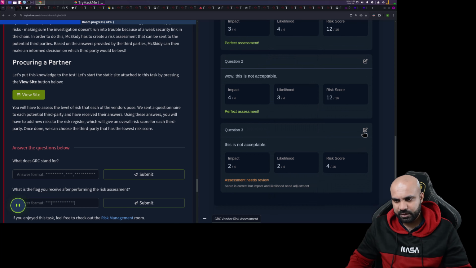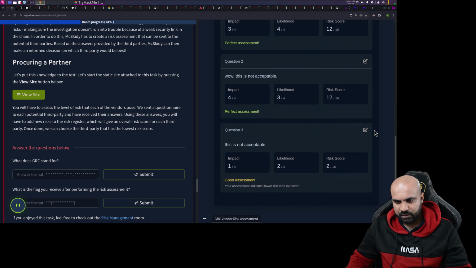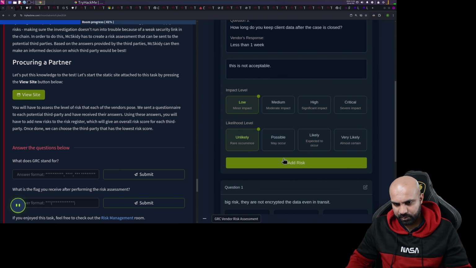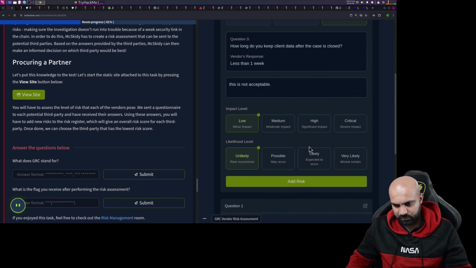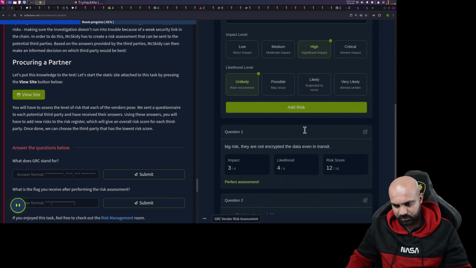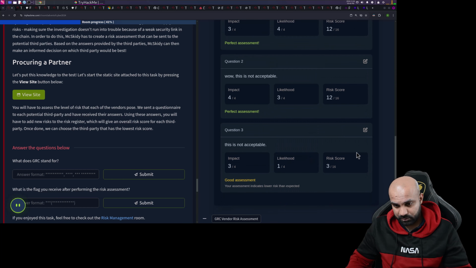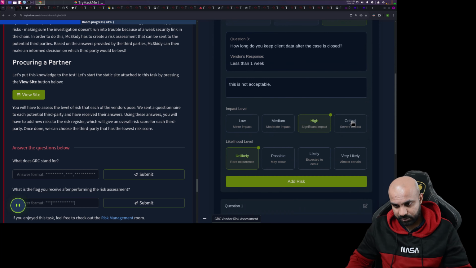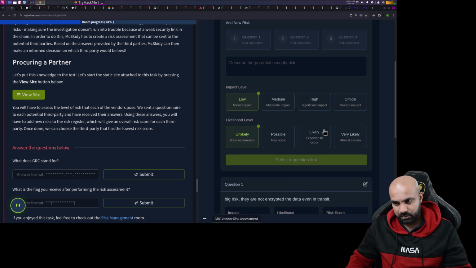I don't know which particular values they want me to select. What about unlikely? We need to improve. Let's go with medium. Okay, let's go with high. They're still saying it is good. What about critical? Oh, perfect assessment. Okay, but critical, but likelihood is unlikely, man.